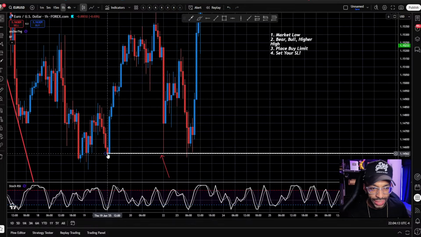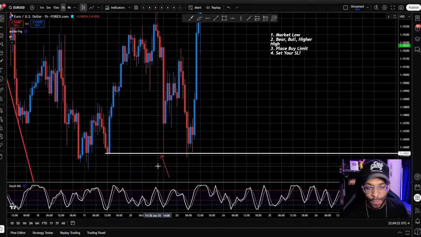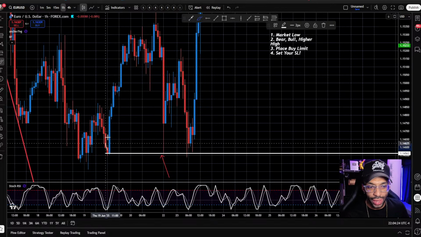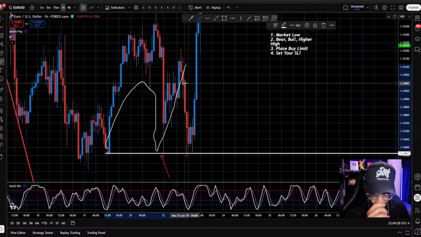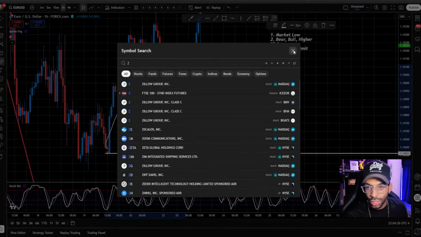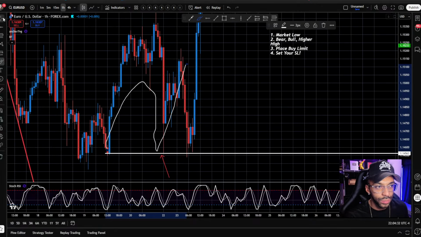So how that looks is, as the market is coming up and we got our bearish candle, we're going to go ahead and place our buy limit on the horizontal line right here. And we want the market to then hit it and come up.